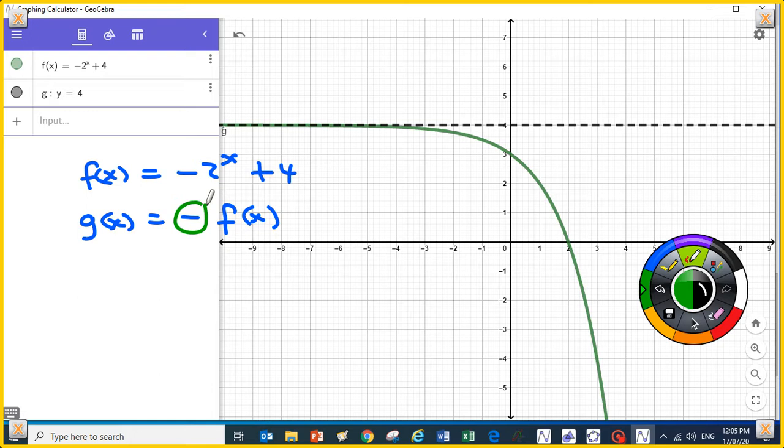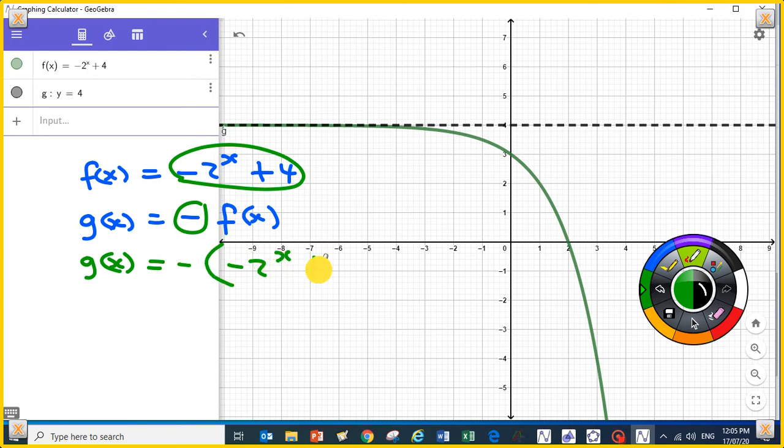So, all we have to do is substitute f of x, which is that. So we end up having minus, open bracket, minus 2 to the power x plus 4. Now, I want you to be aware this minus here is related to that minus. That's the minus which represents a reflection about the x-axis.